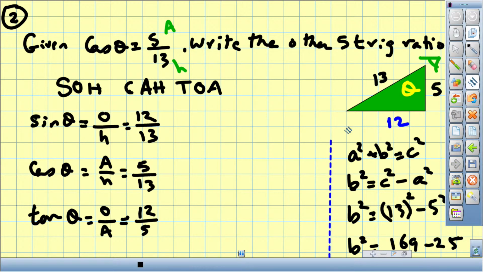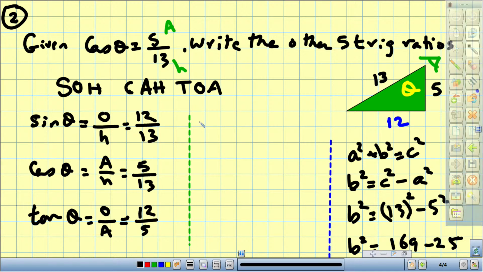Right, let's get to the cousins. Yes, they have cousins. It's a big family. What's the reciprocal of sine?